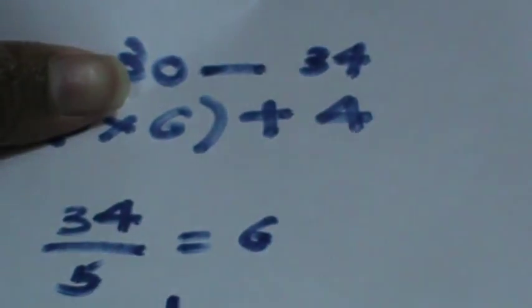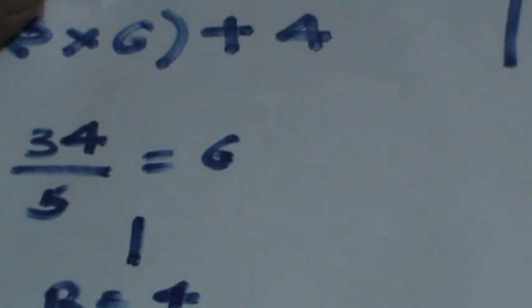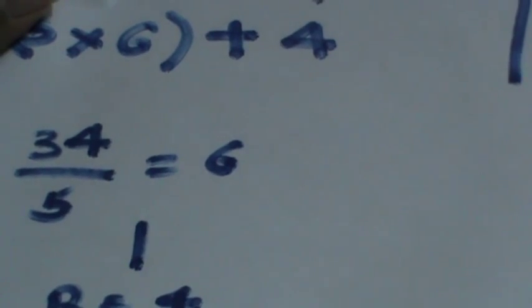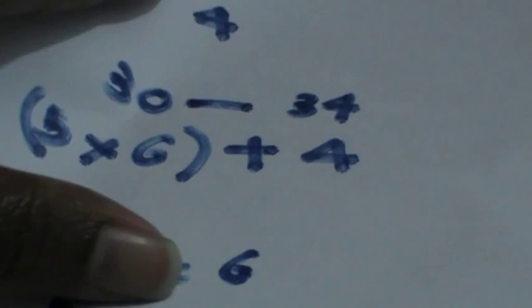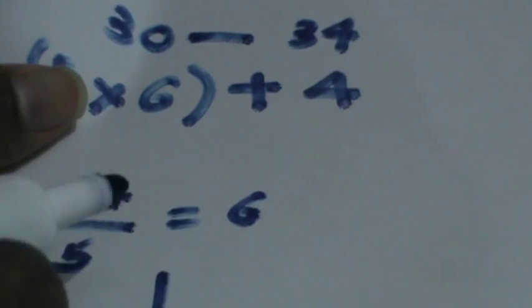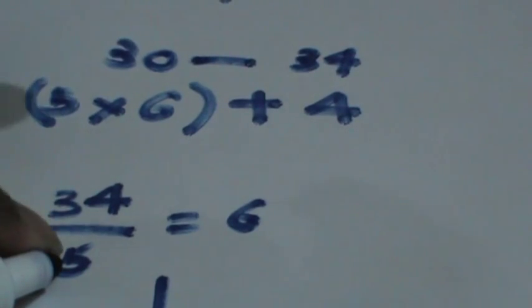We'll go to the concept of remainders in another video, on the remainder theorem. So 34 divided by 5 is 6. The numerator here is the term that you are dividing, and 5 is the term that divides it.